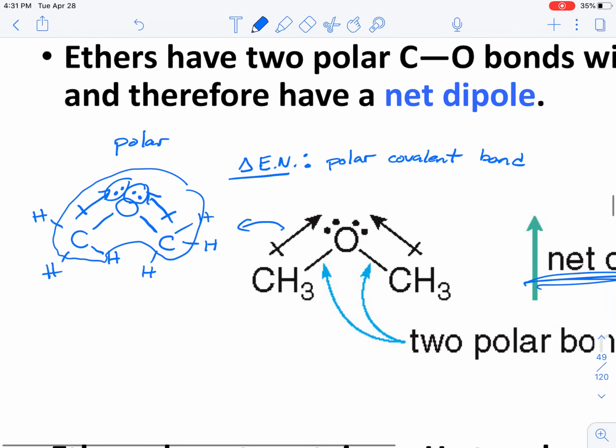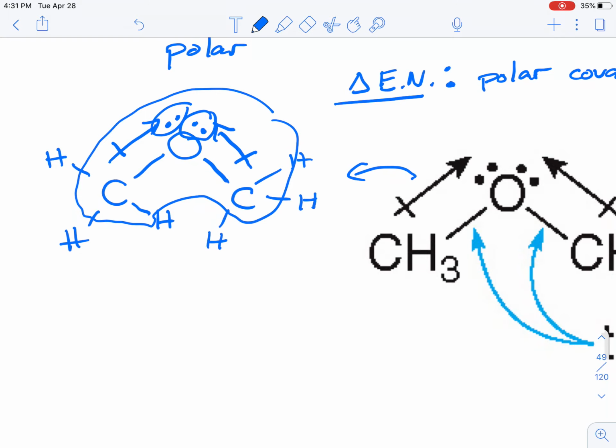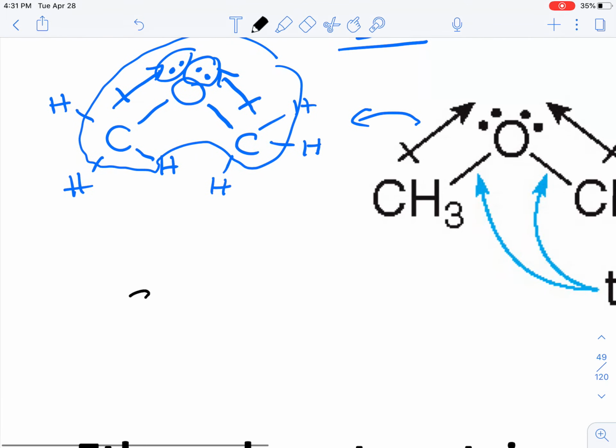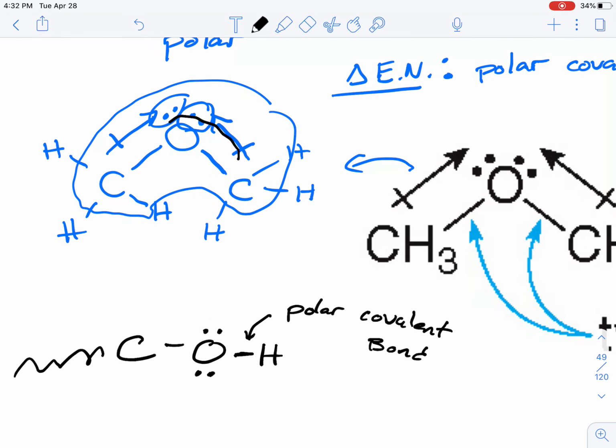And so the thing about ethers compared to alcohols, so if I were to draw an alcohol, remember an alcohol is simply this carbon chain, whatever it is, and there's going to be an oxygen that's single bonded to a hydrogen. So this bond is also a polar covalent bond, but it's actually more polar than this CO bond.